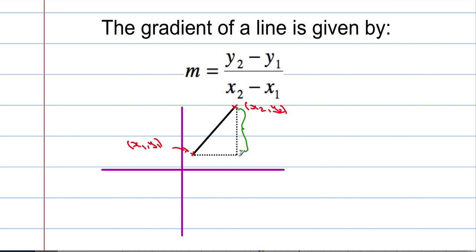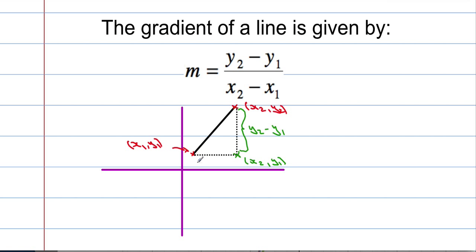Well, this point here at the bottom of my little triangle would be the point x2, y1, because it's absolutely in line with this point here. So the y value will be the same, whereas here it's in line with this point, so the x value will be the same. So this distance here is y2 minus y1.